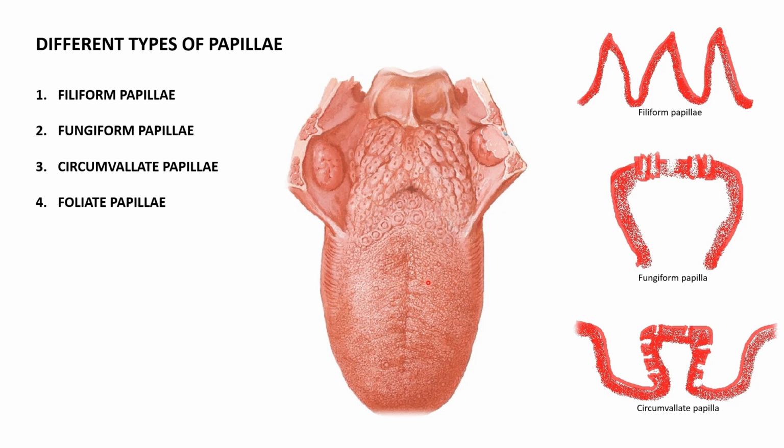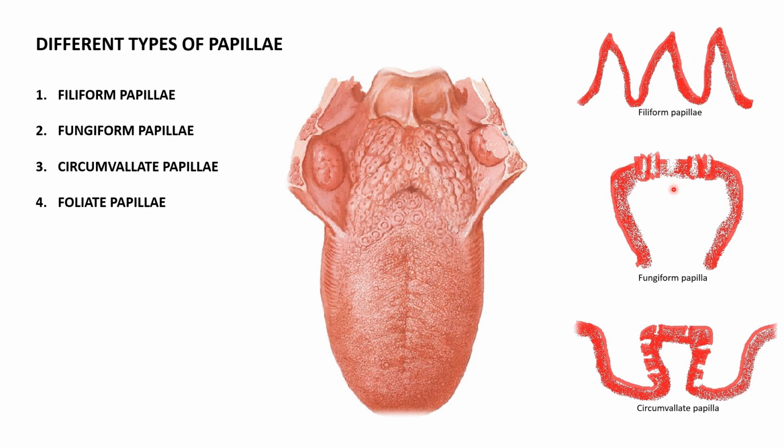These tiny papillae give a velvety appearance to the dorsal surface of the tongue, resembling sand. Remember, filiform papillae are devoid of taste buds. Taste buds are microscopic specialized tissue structures with receptor cells for the perception of taste sensation.